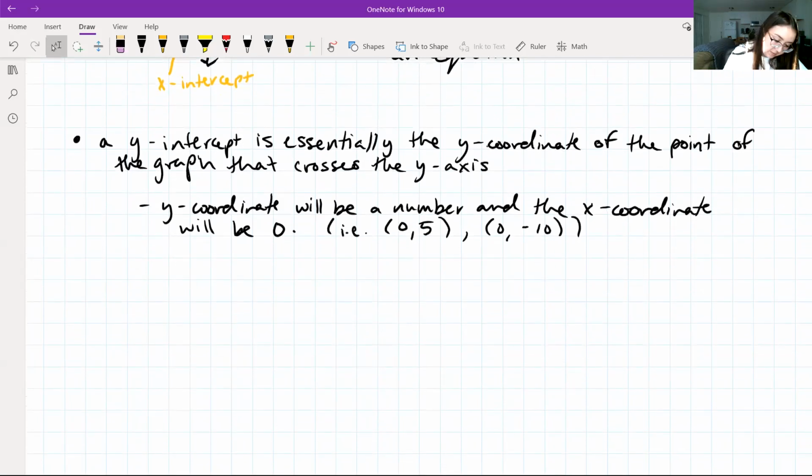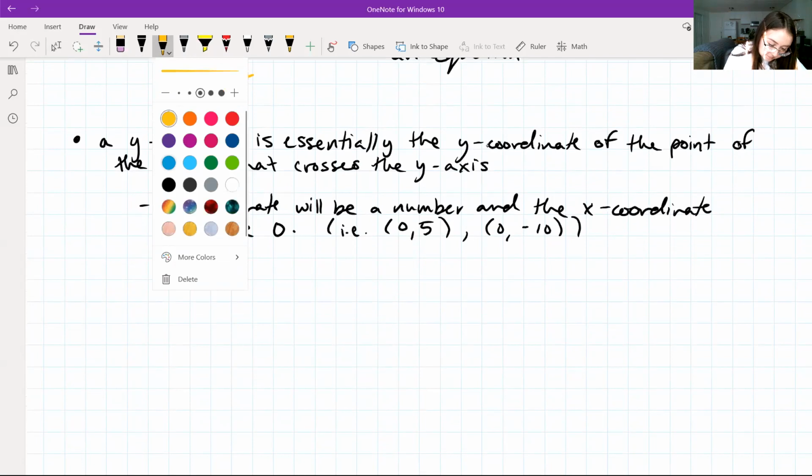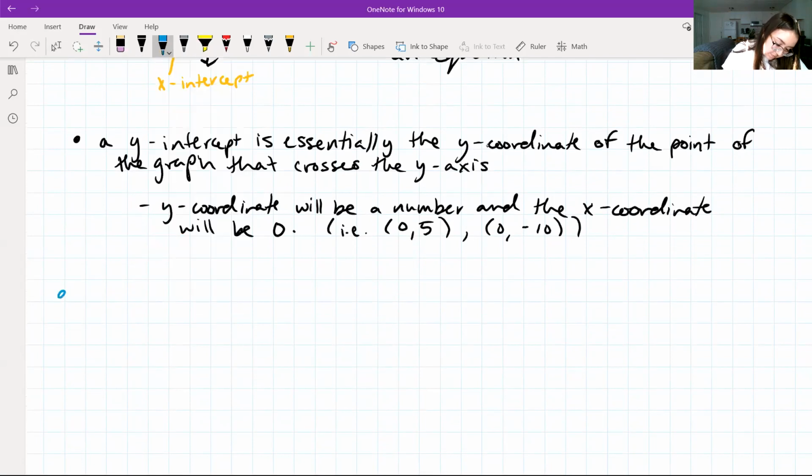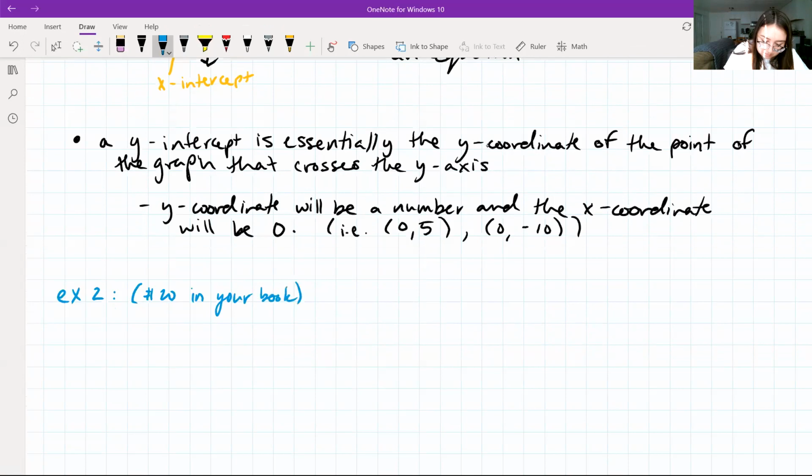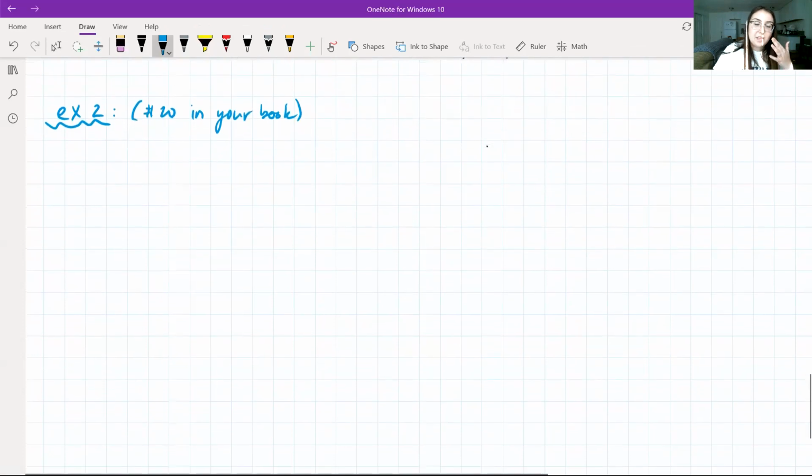So let's do another example. And this example is number 20 in your book. Number 20 being in the back of the section, there's going to be a long list of problems, so this is number 20 from that section.